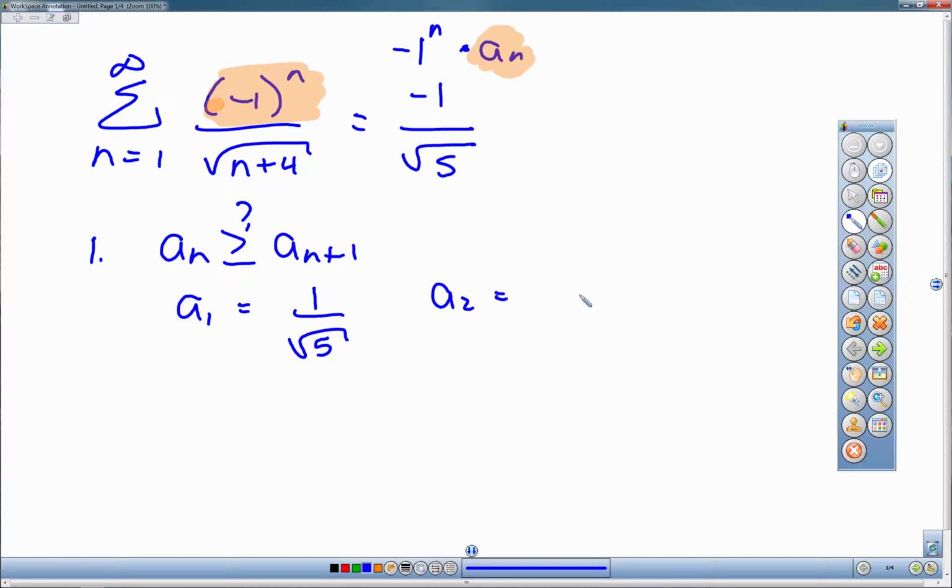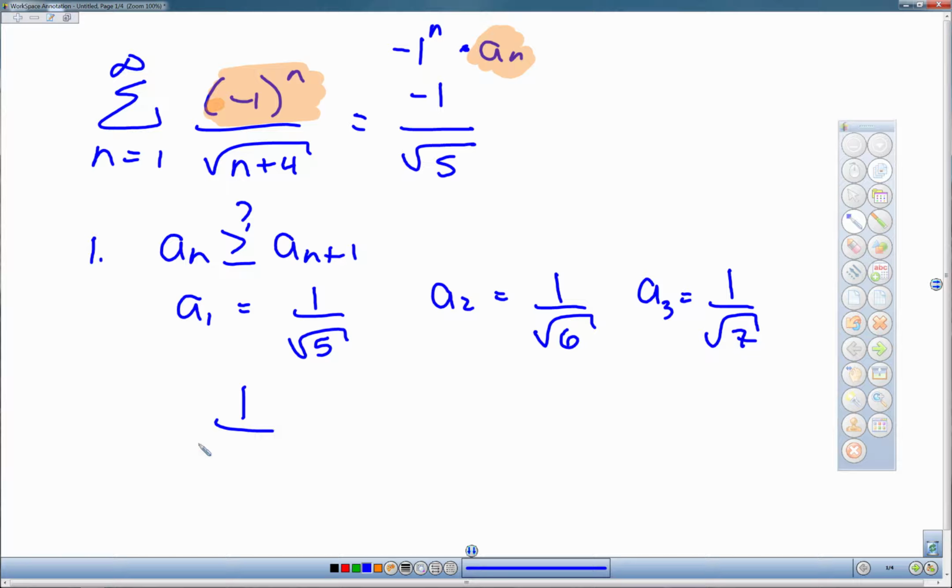A sub 2 would be equal to 1 over the square root of 6. A sub 3 would be equal to 1 over the square root of 7. And what we clearly have here is the following pattern.